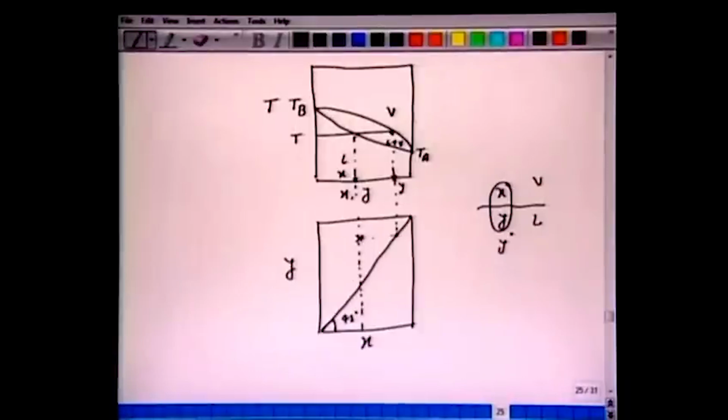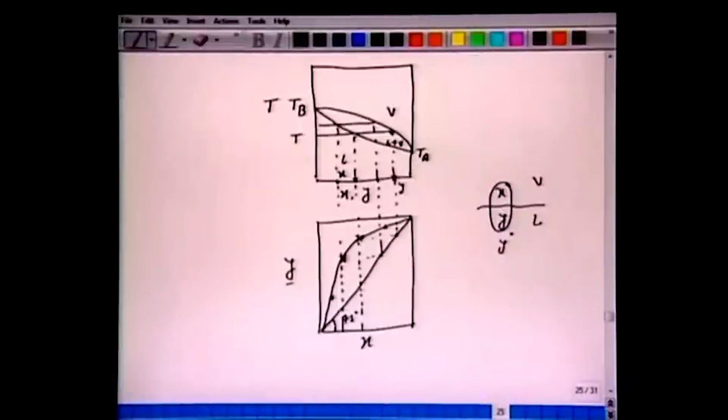Suppose I choose this temperature and this tie line, we have X, the mole fraction of A in the liquid phase, and Y, the mole fraction of A in the vapor phase. I extend this, so this is X here, corresponding to this X I have this Y here, which I take to the 45-degree line. I come in this direction, and I have another coordinate.